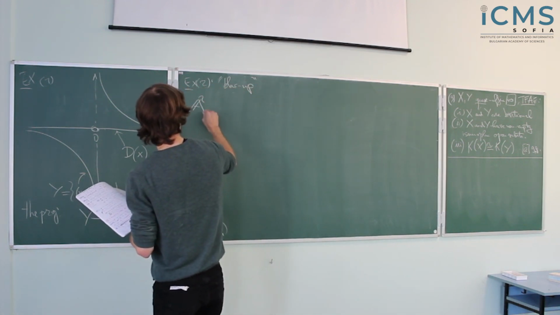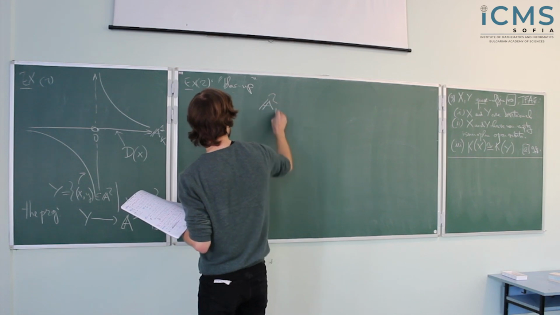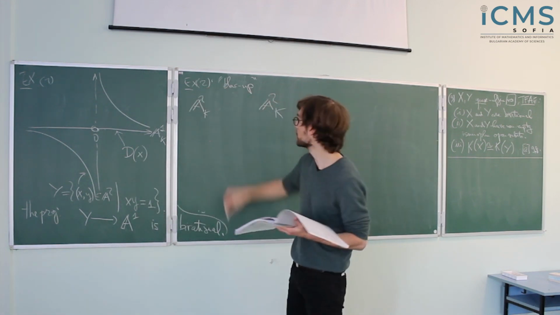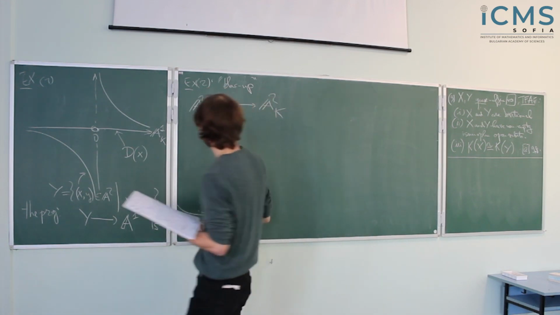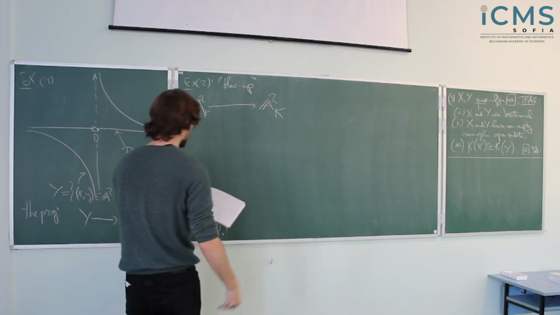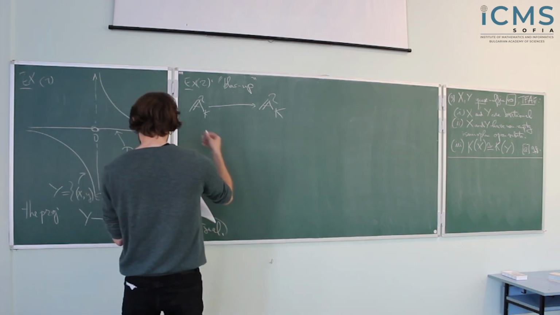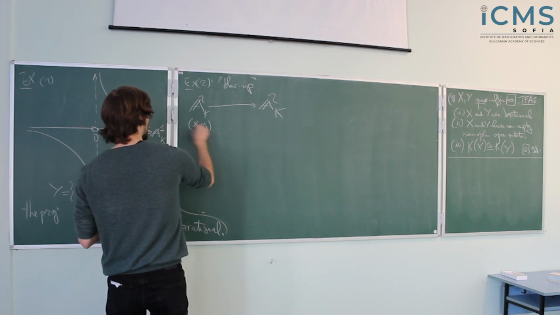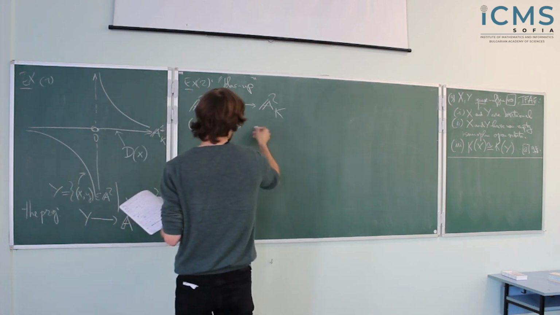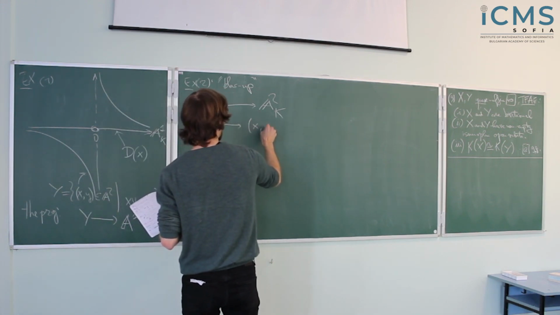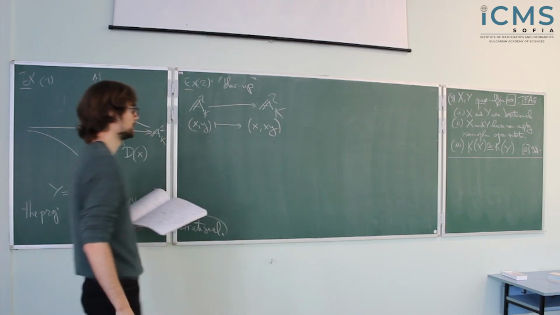So I'll have 2 copies of A2, isomorphic, and there are obvious maps that you can define between the two, but there's one that is very interesting, which is also called a quadratic or monoidal transformation.